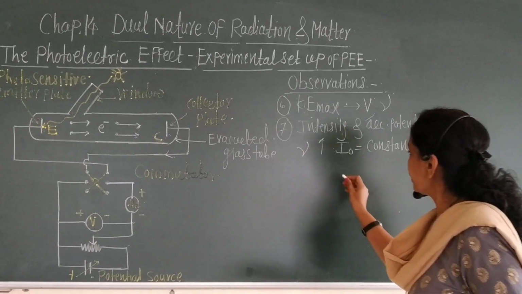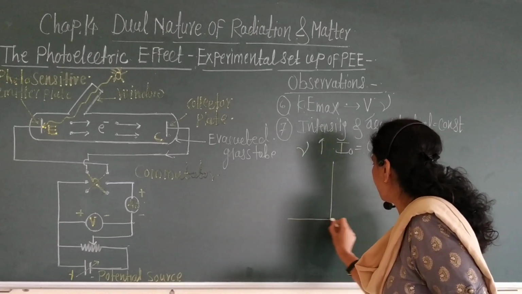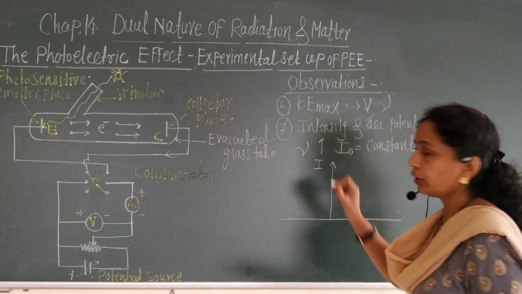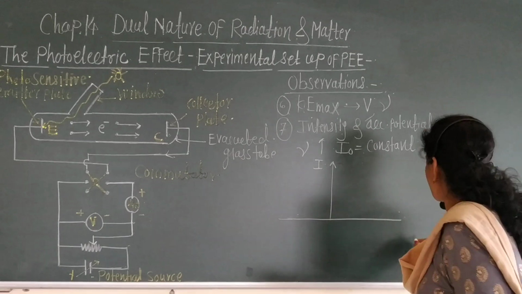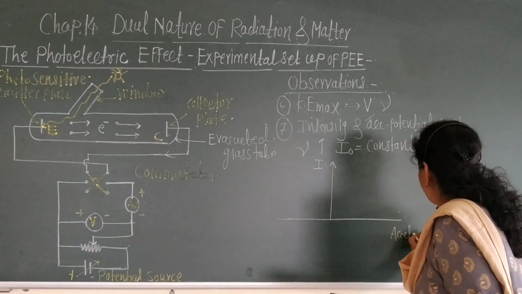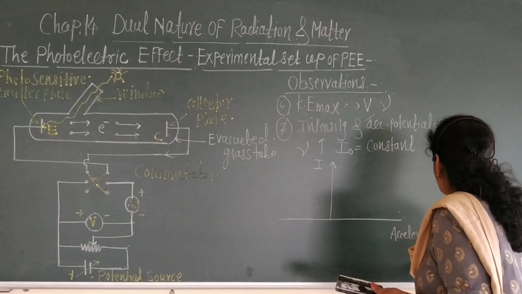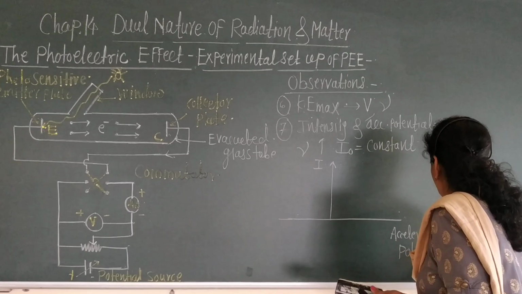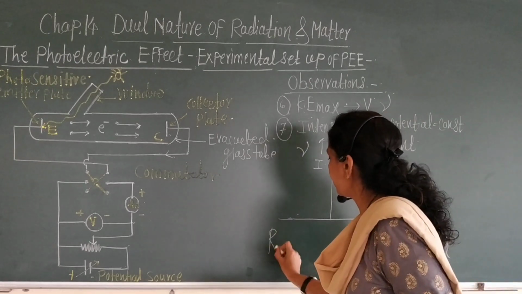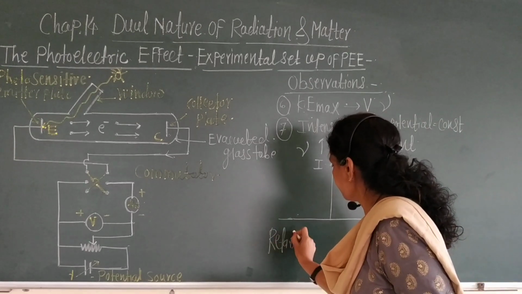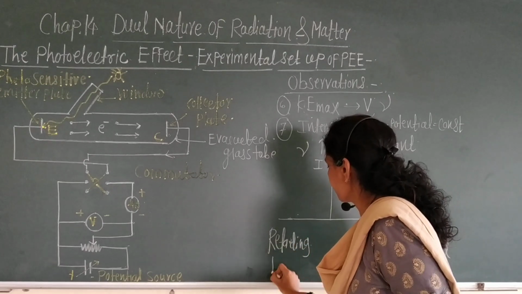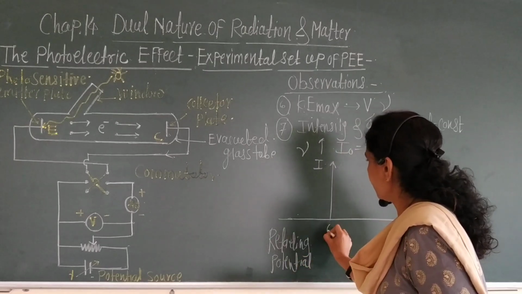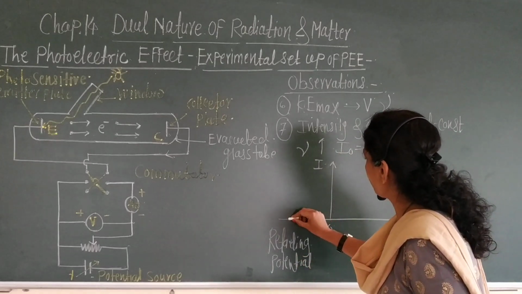If we see the graphical nature, you get this. Suppose this is the photoelectric current I, and this is the accelerating potential. Here is the retarding potential. The nature of the graph is like this.